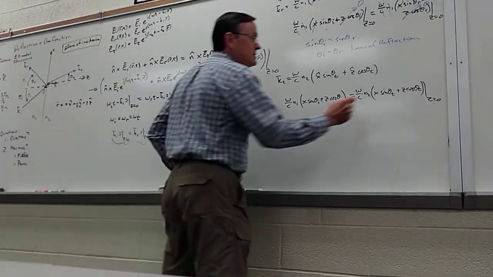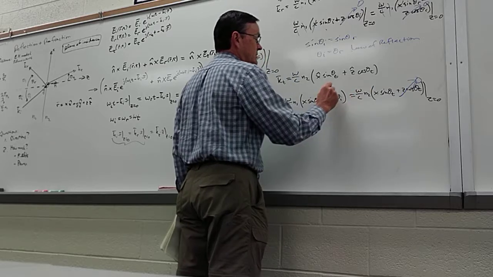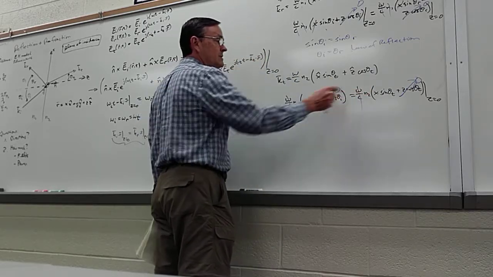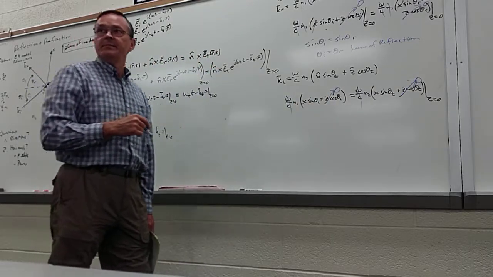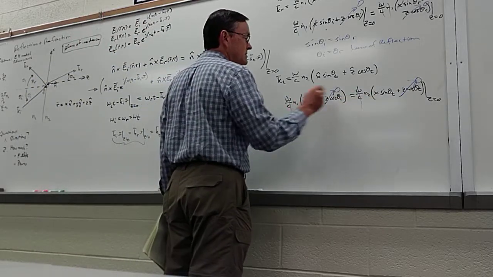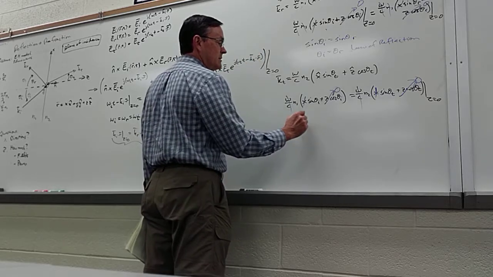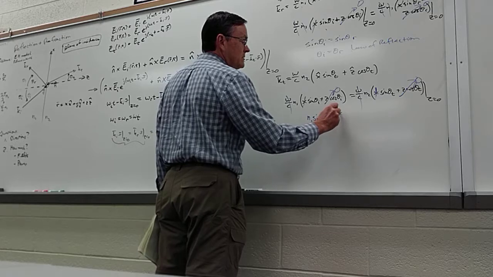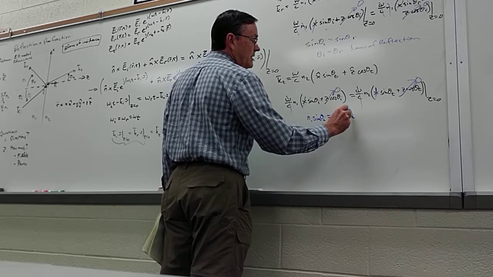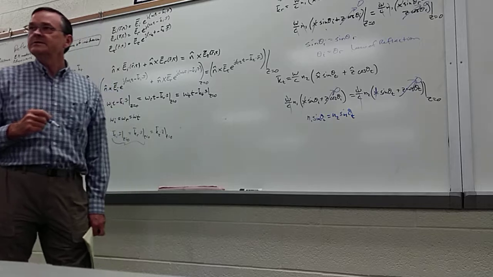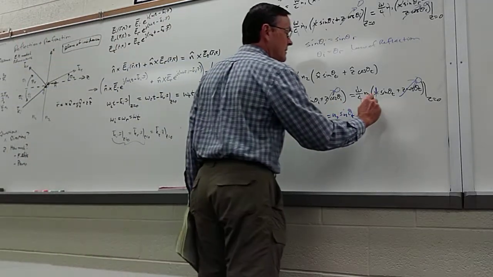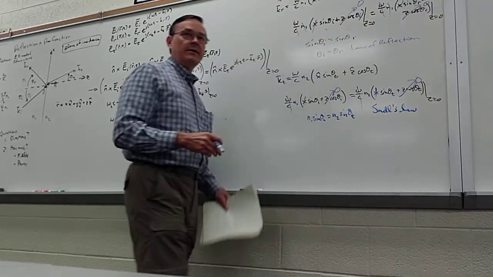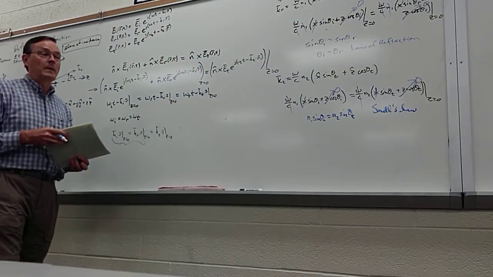Okay, so z is equal to 0, so that term is 0, this term is 0. Omega over c cancels, but notice the refractive indices are different. And then the x's cancel. So that leaves us with n1 sine of theta I is equal to n2 sine of theta t, which is Snell's law. So Snell's law falls right out of the boundary conditions.